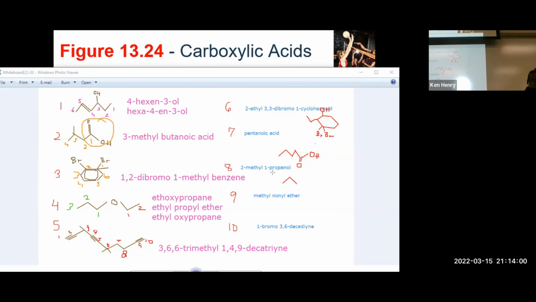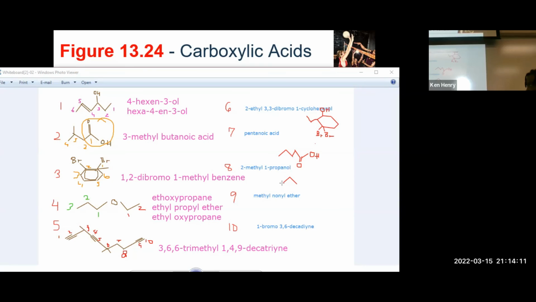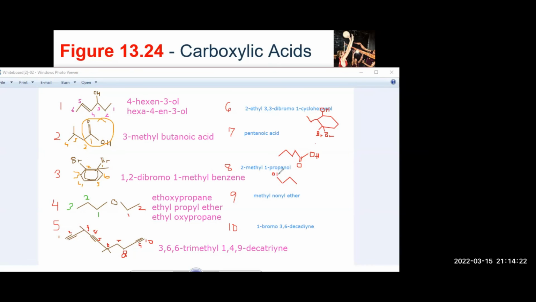And then what is the OL for? OH. Okay, so if this is going to be my 1 carbon, then I'll put an OH here. And then what's off of the second carbon? A branch. Just a branch.